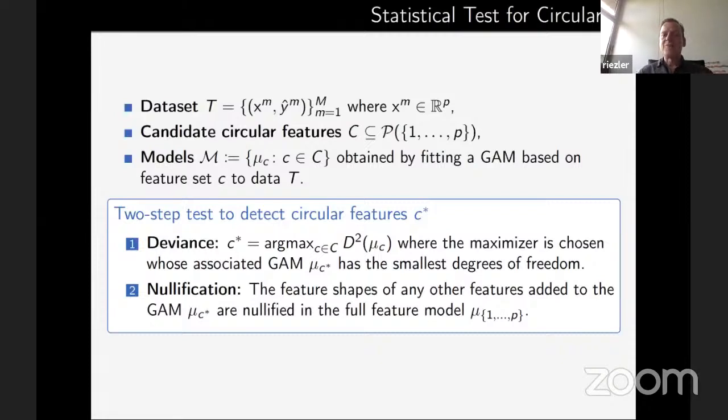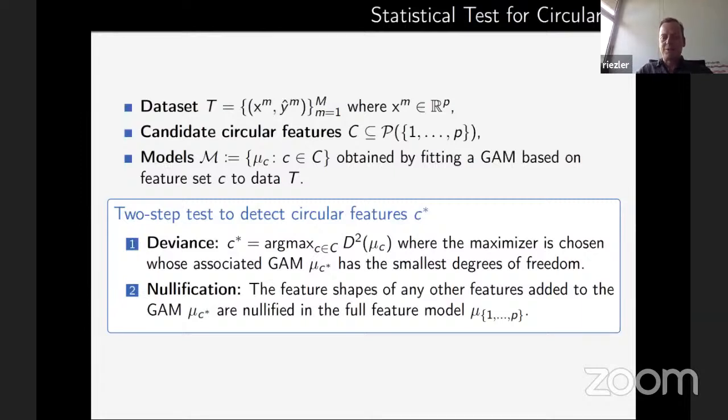Deviance means we find the model with the maximal likelihood of the data and the smallest degrees of freedom. So basically the model that explains the data best. And we look at the feature shapes of the model. So what we do is we want to make sure that only those features that maximize the deviance have a contribution to the prediction, and all other features are nullified.